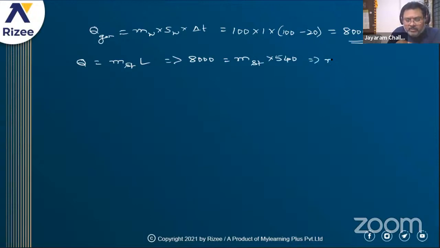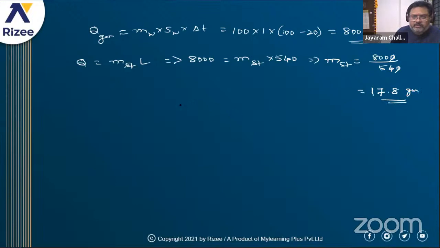So the mass of the steam is equal to 8,000 by 540, which will come out to be about 14.8 grams. So let me take this one.